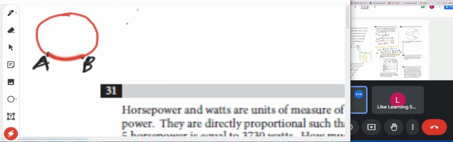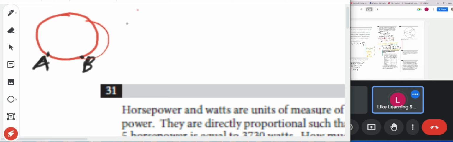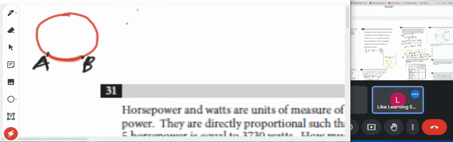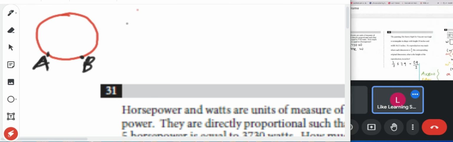Yes, I can. Line AB. I don't know. Is it a circumference or something? Well, the whole thing is a circumference. A part of the circumference is called an arc. Okay. Arc. That's a part.